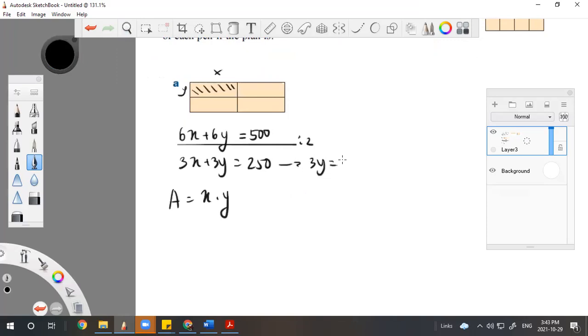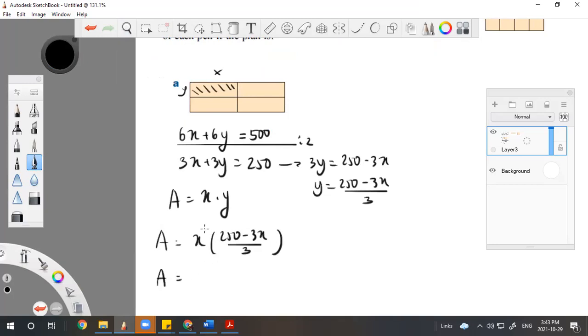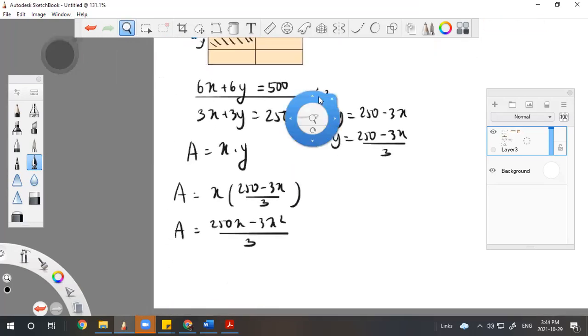3y equals 250 minus 3x. So y will be 250 minus 3x over 3, right? So the area will be x times 250 minus 3x over 3. Then area equals 250x minus 3x squared over 3. You have to do it slowly. So the area will be 250 over 3 x minus x squared.